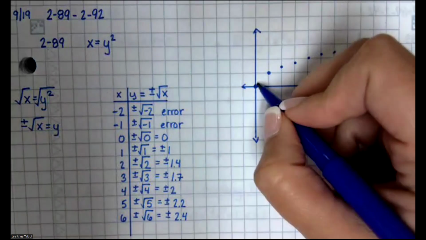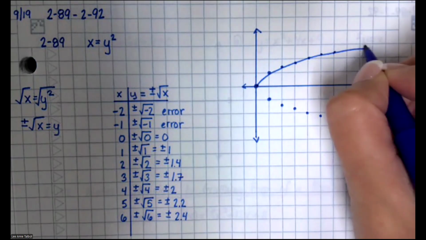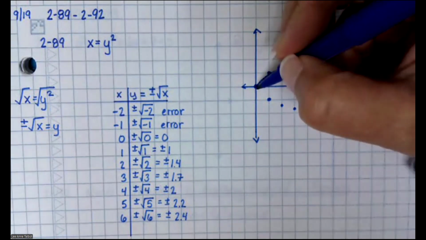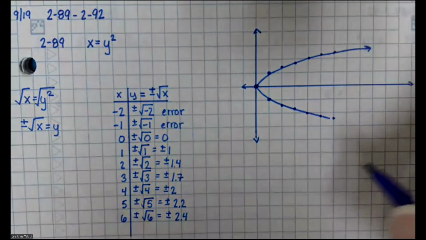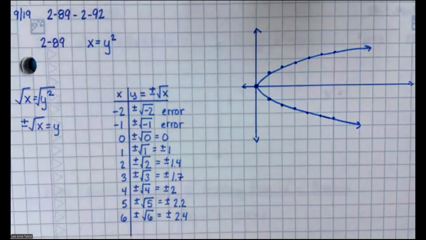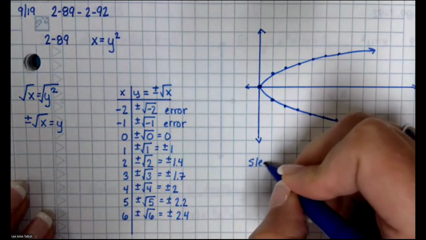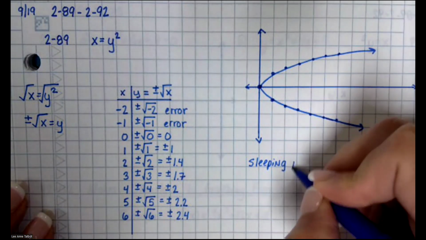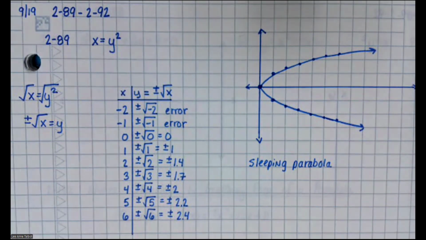So do your best. Sketch. And this guy is called a sleeping parabola. Literally, that's the name I'm going to call him, a sleeping parabola. And it's just a parabola that fell over and fell asleep.